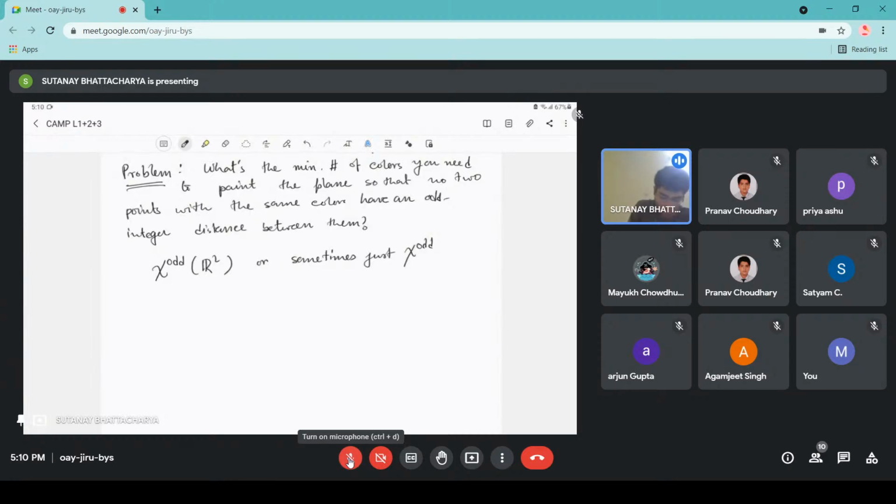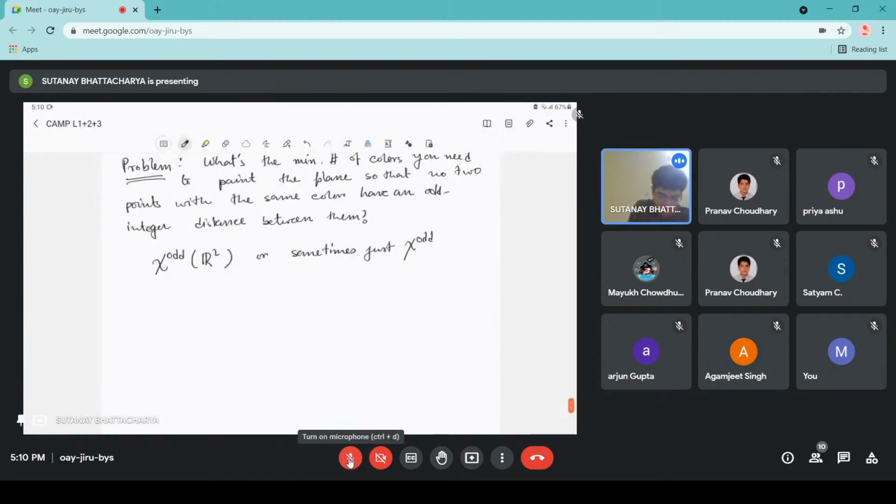One of the main motivations is this. In general, the idea is to understand the unit distance graph of the plane. Imagine you're on R2 and you have an infinite graph in which every point is a vertex and two vertices are joined if and only if the distance is 1.